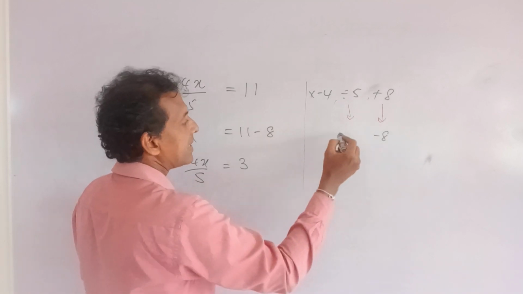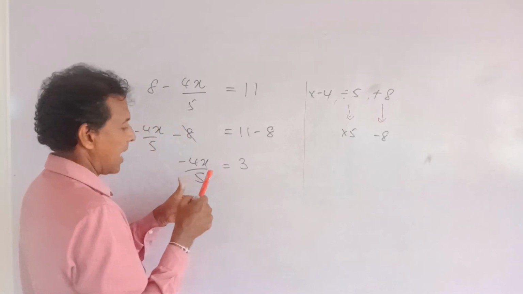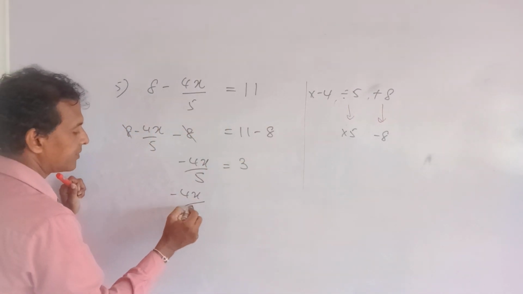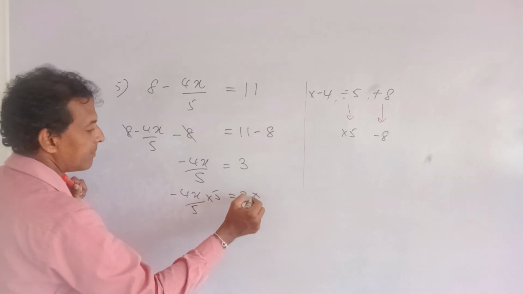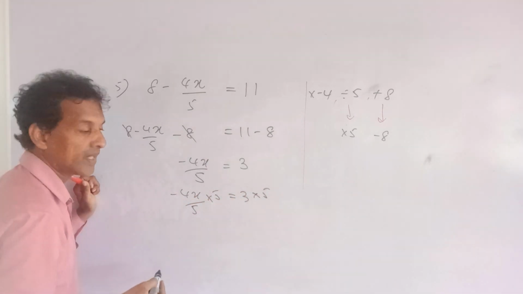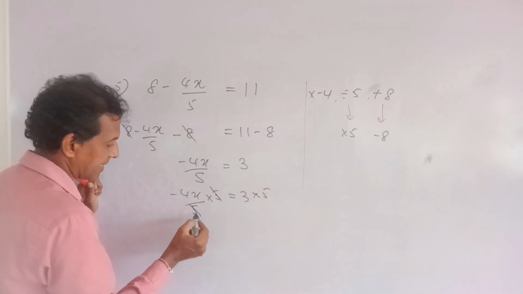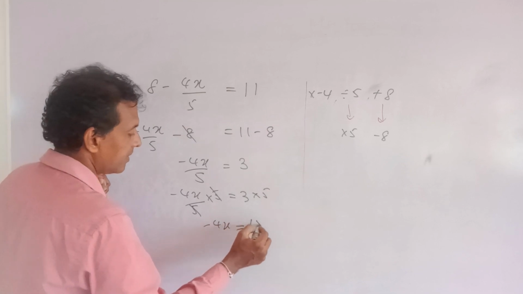So the inverse operation is multiplied by 5. So multiply both sides by 5. Here we have minus 4x divided by 5 multiplied by 5, 3 multiplied by 5. So this 5 gets cancelled. So we have minus 4x equals 15.